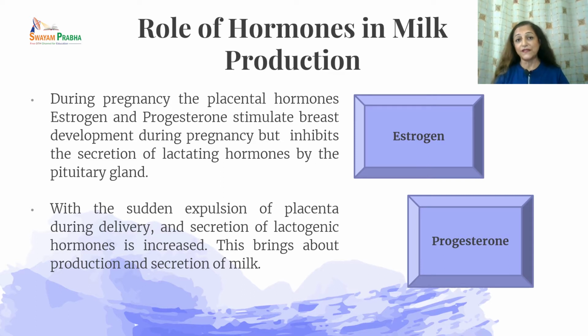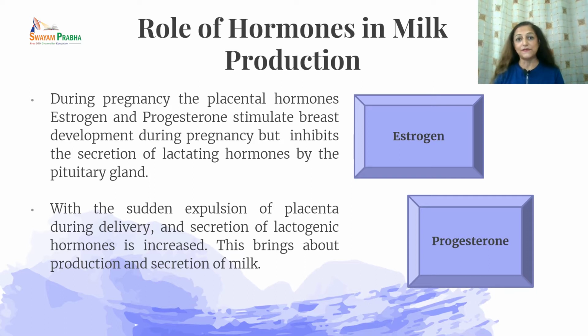But along with that, they inhibit the secretion of the lactating hormones by the pituitary gland. They will not allow these lactating hormones to produce milk, so that the breast is only growing and being prepared for the lactation process, but the milk is not produced before the child is born.